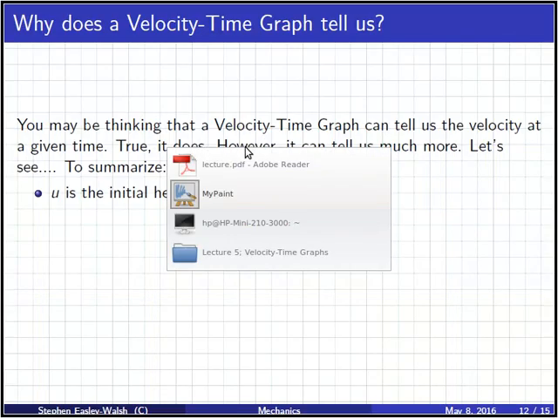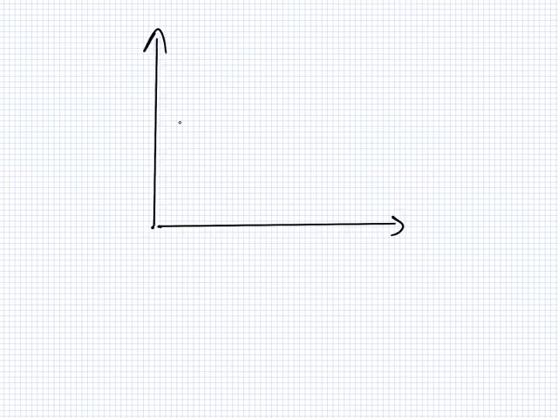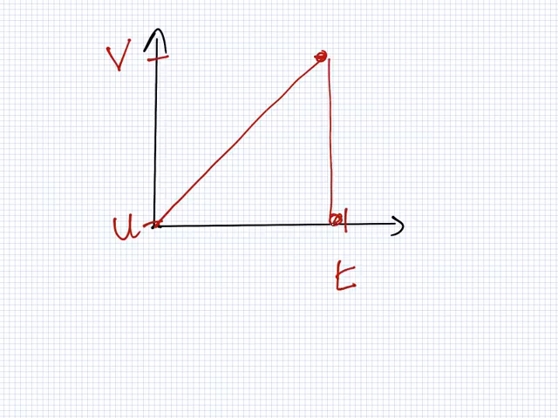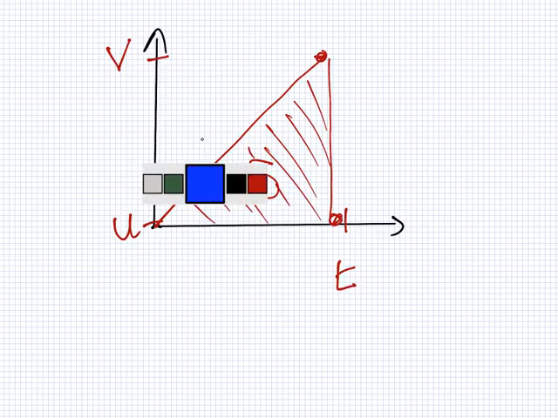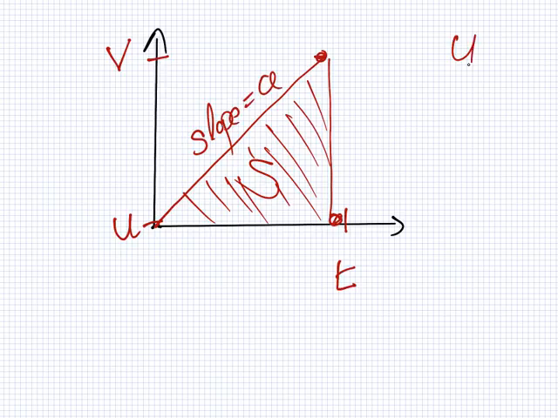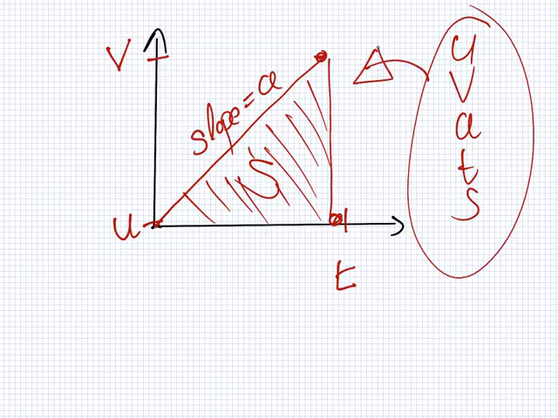If I put the letters in, let's put it neatly. This one here would be U, and this here would be V. This here would be T, and this here is S, and the slope here is A. So the U, V, A, T, and S, you can see it all on this graph.